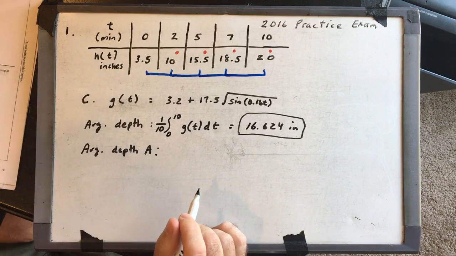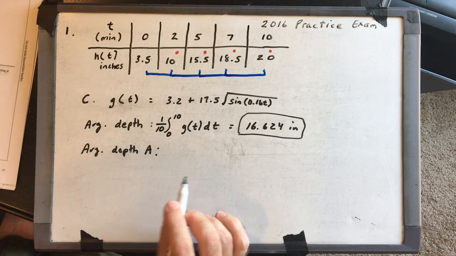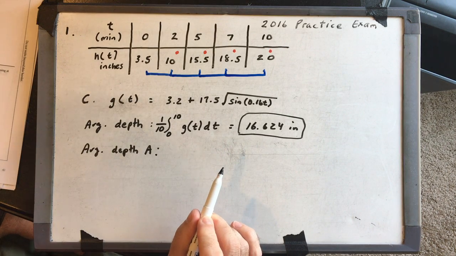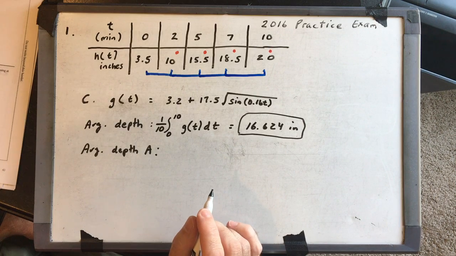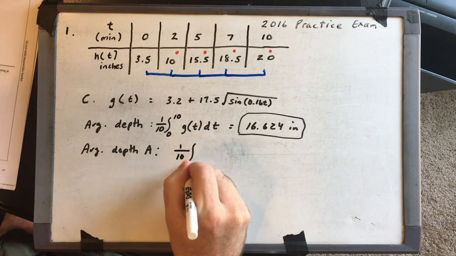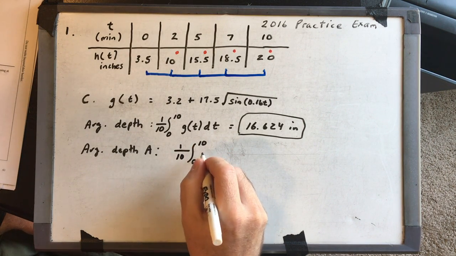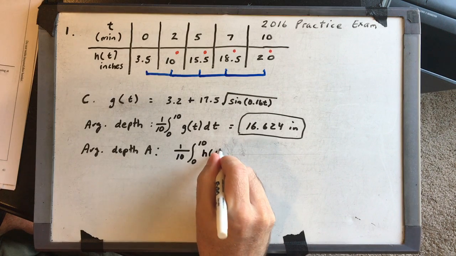you're going to go back to part B, where you had a total depth of 163.5 from the calculation. So the average depth is going to be 1/10 times the integral from 0 to 10 of h of t, dt.